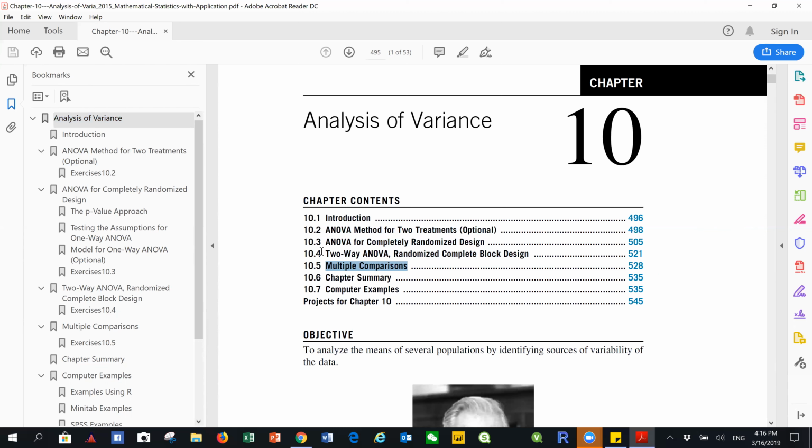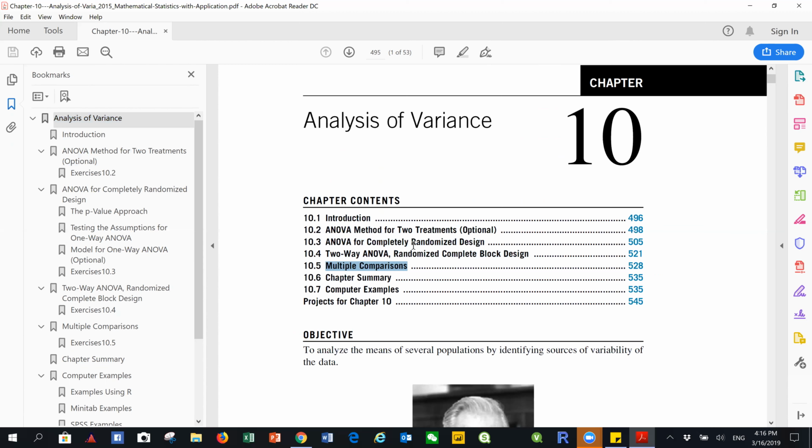While you're comparing multiple means pairwise, these control the type 1 error so it is not inflated.